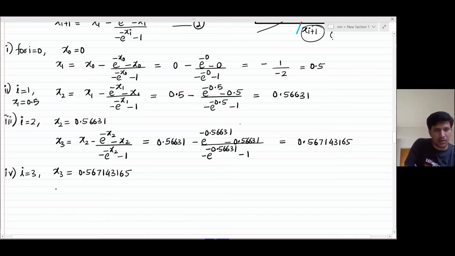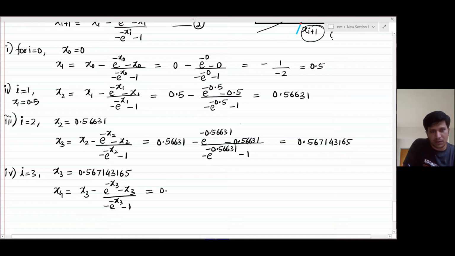Now for the fourth step, that is for i is equal to 3, x3 is equal to 0.5671436165. How can we write x4? x4 is equal to x3 minus (e raised to minus x3 minus x3) divided by (minus e raised to minus x3 minus 1).